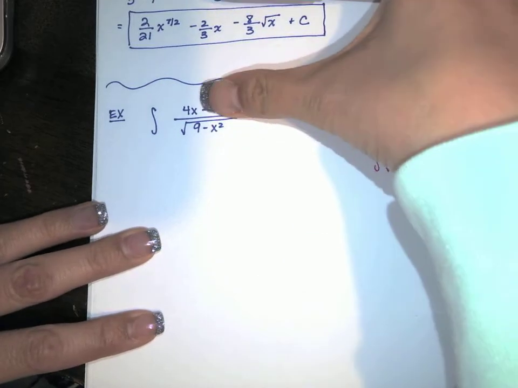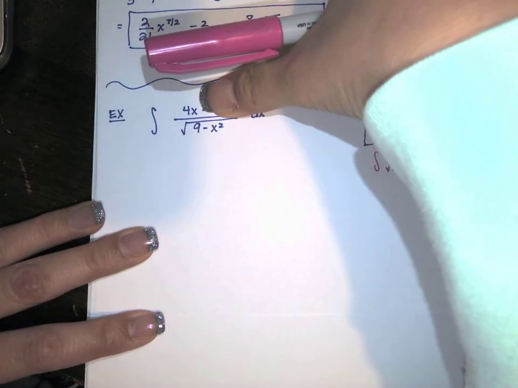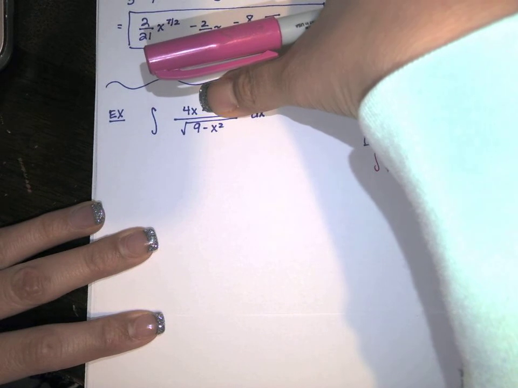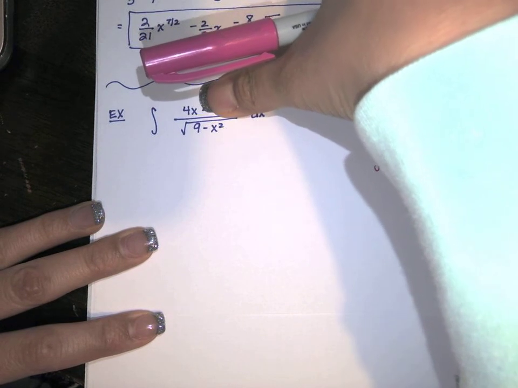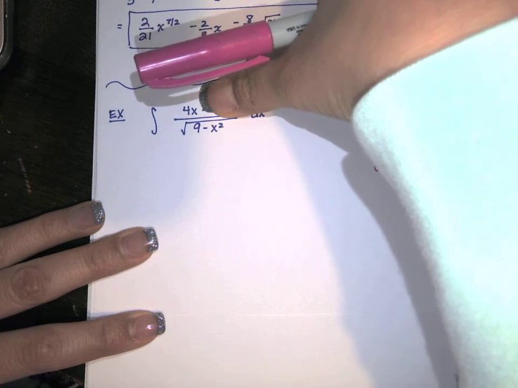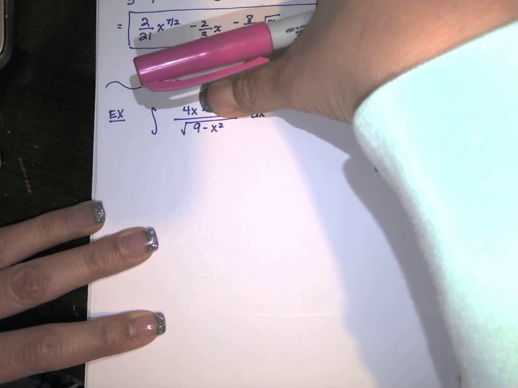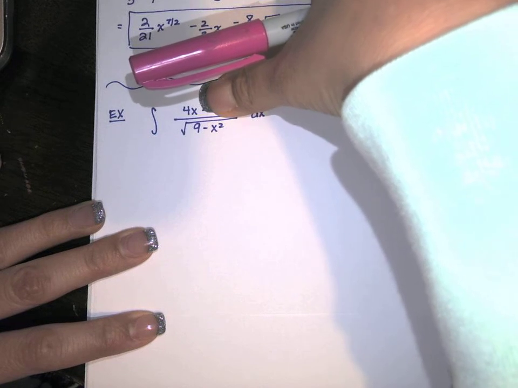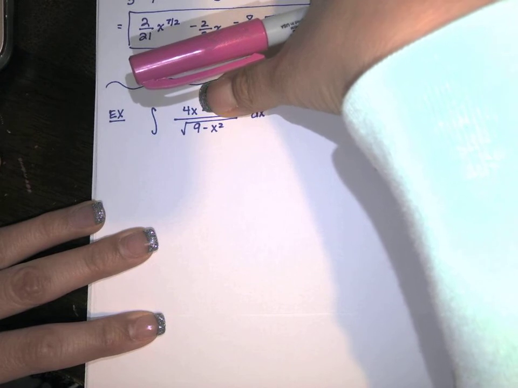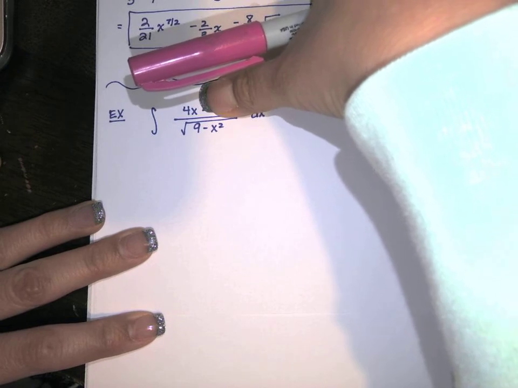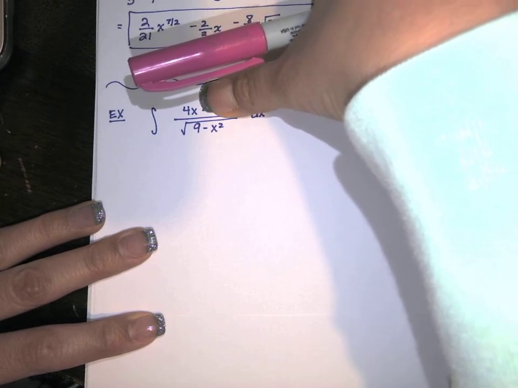Now, if that 5 wasn't there, you guys see how you might handle that? It's not a basic rule, but u sub would work for this. Do you guys see why u sub would work? With u substitution, remember, you're looking for a function nested inside of another function.